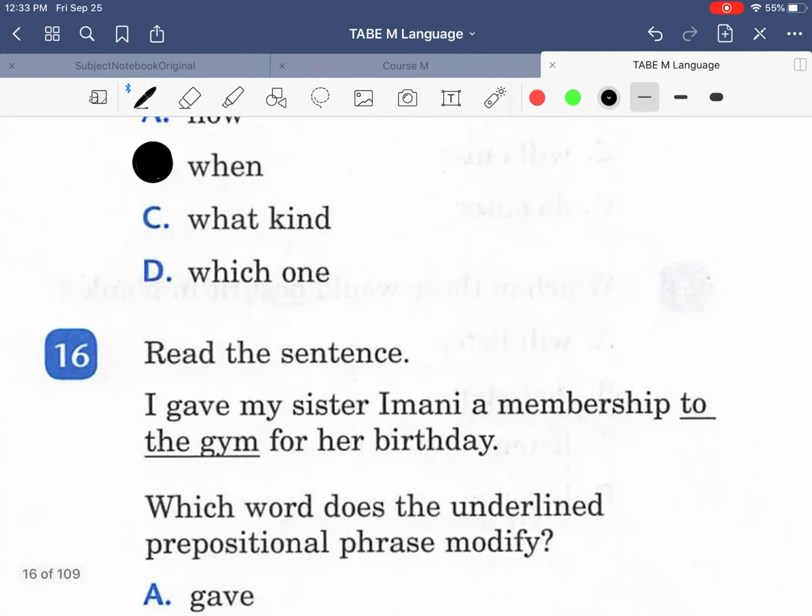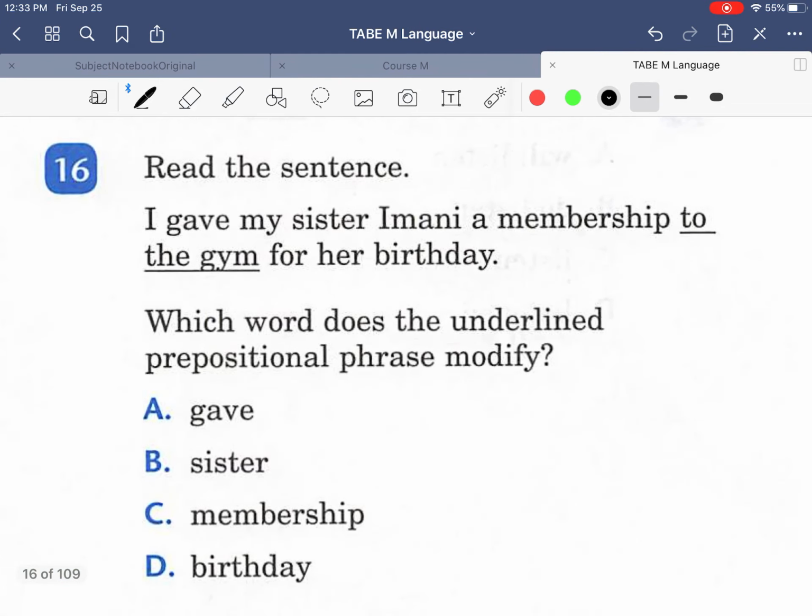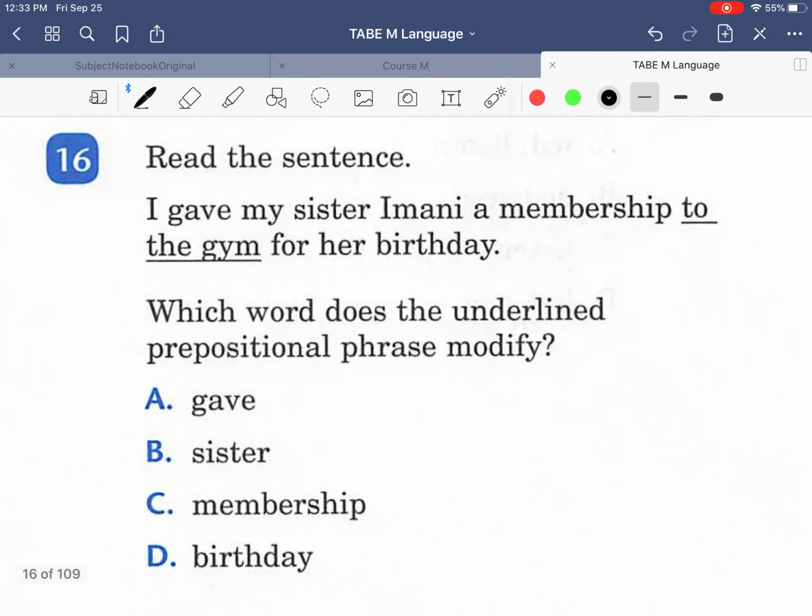Number 16. Finally, we're here. Read the sentence. I gave my sister Imani a membership to the gym for her birthday. To the gym.